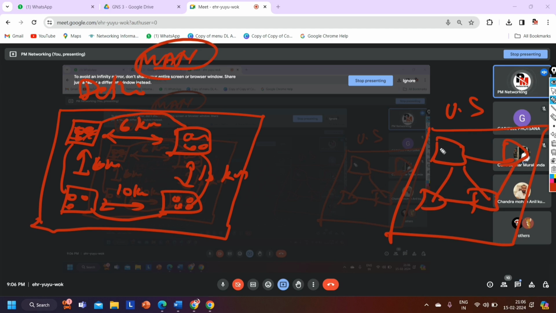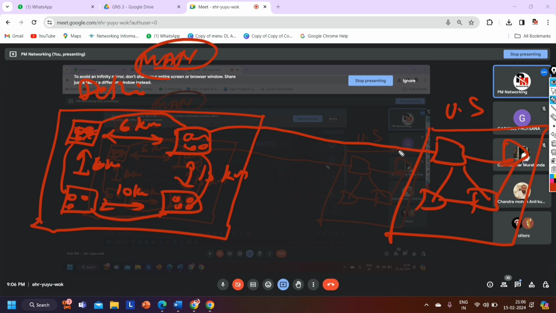Now, can these two branches communicate with each other, like the India branch and the US branch? No. Again, we need connectivity. Either I can connect these two networks together through a cable, but it will not be practical. It is not possible to connect India and the US through one separate cable.